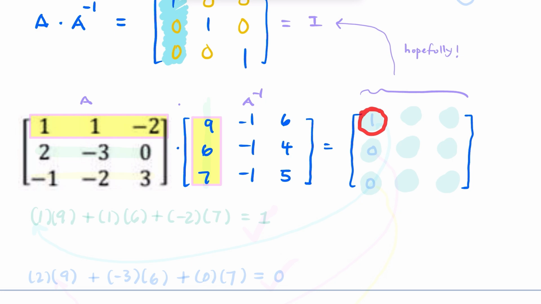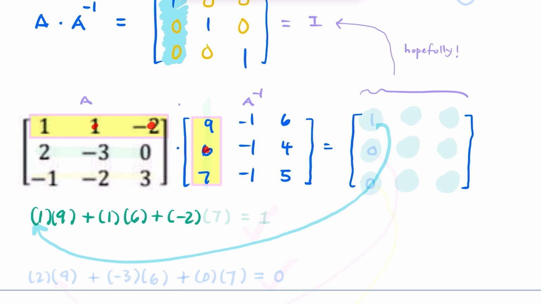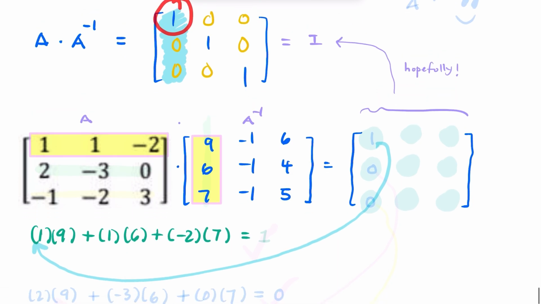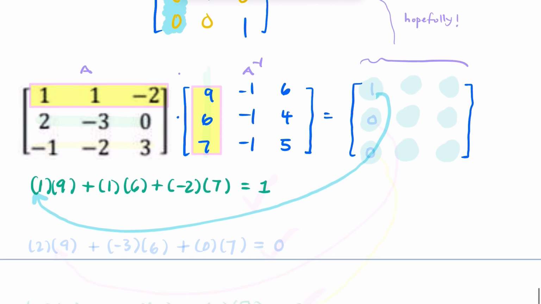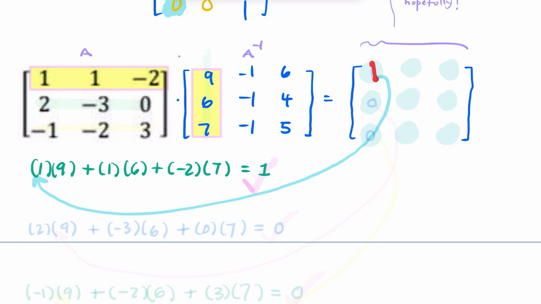What goes into this cell here is going to be the product of 1 times 9 plus 1 times 6 plus negative 2 times 7. And we're hoping the answer is going to be a 1. So 9 plus 6 is 15. Take away 14 is 1. So that's a win. That's what we were expecting. So that's our first cell.